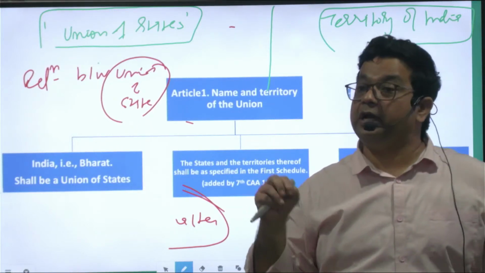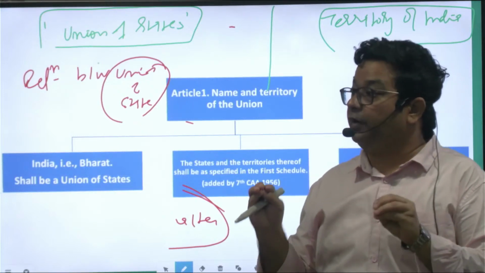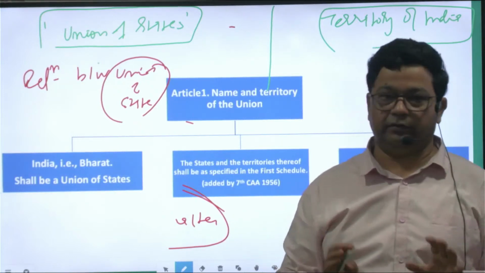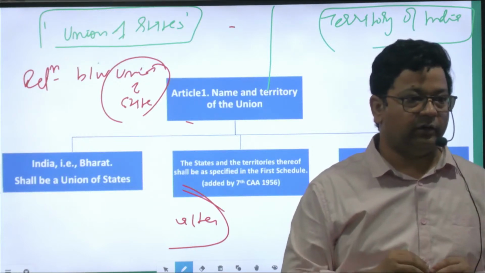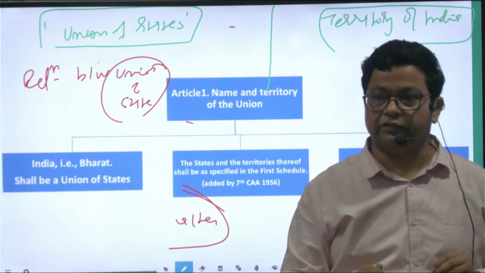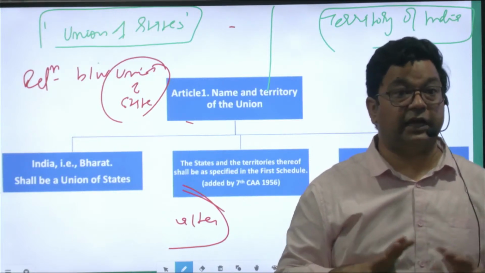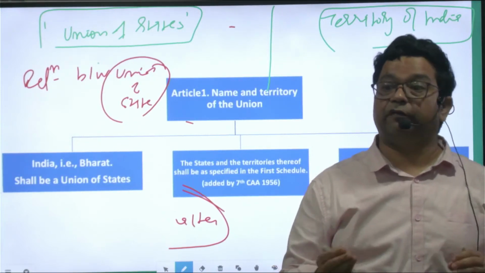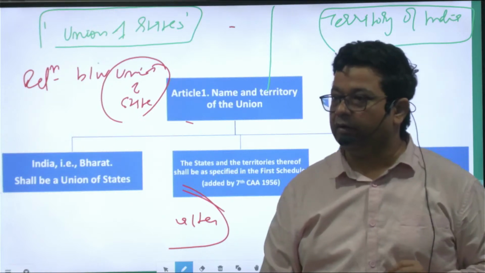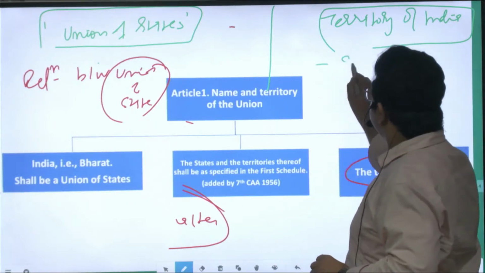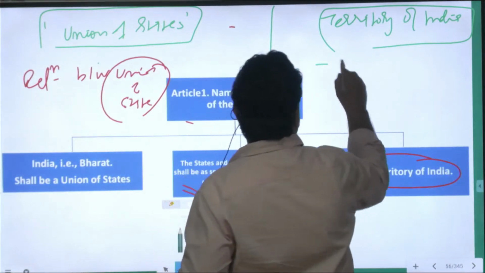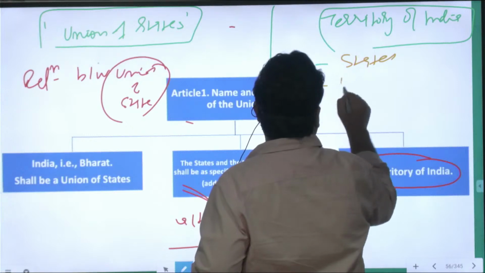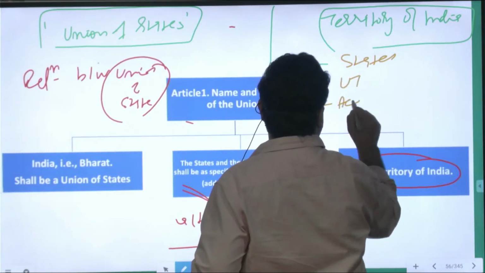It means it is only talking about the federal arrangement. So it only includes the states which are under the federal arrangement. It is not talking about anything else other than the states. But when we talk about the territory of India, it includes states, UTs, and acquired territory also.